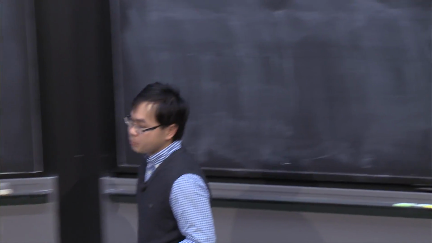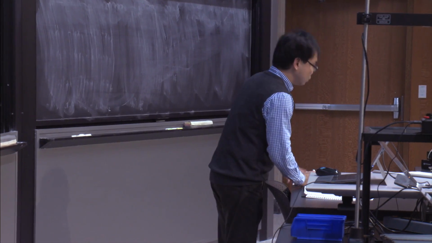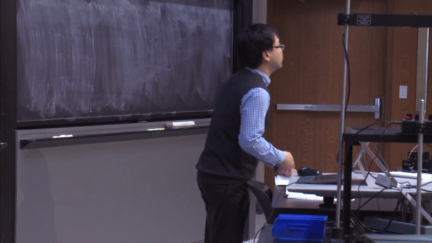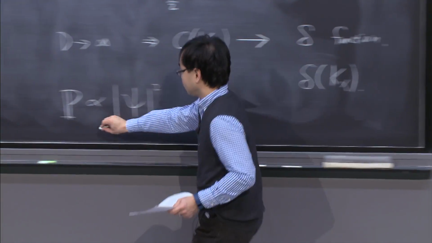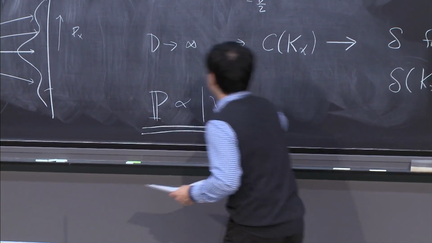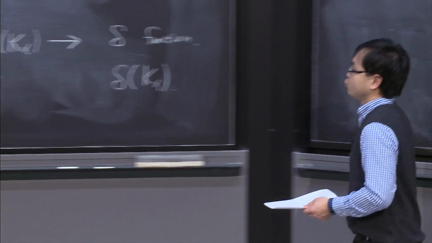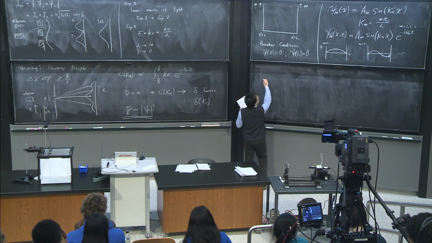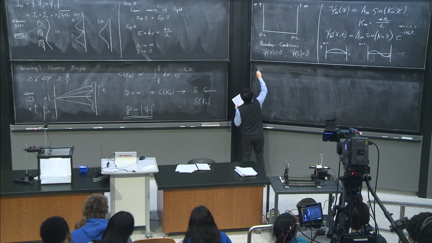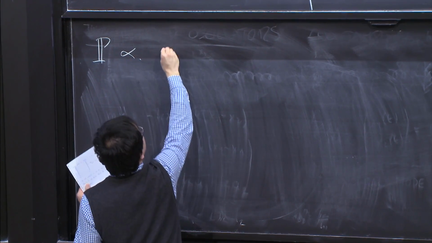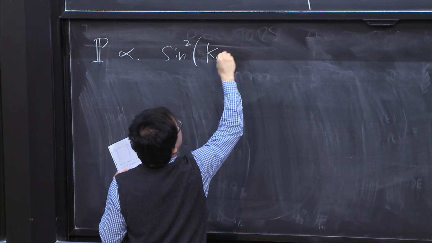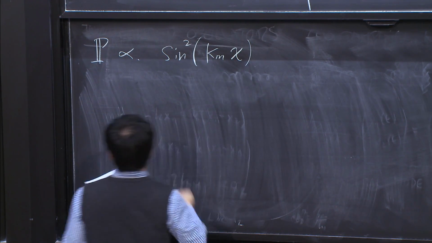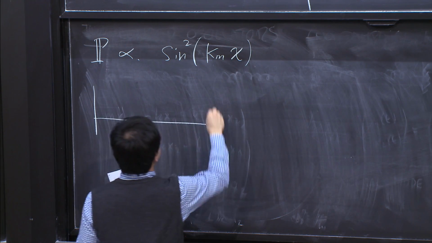And what would be the probability to find the particle in a specific location? As we mentioned before, the probability is proportional to the wave function squared. Therefore, the probability will be proportional to sine squared k_n x. And what we are going to get is like this.